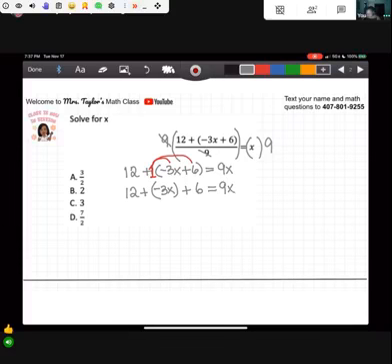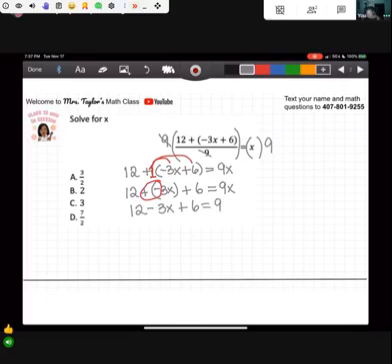Now, where you've got the double signs, you can just make it one sign. Because they are different, you can make it a negative sign. So this is going to be 12 minus 3x and then plus 6 is equal to 9x.